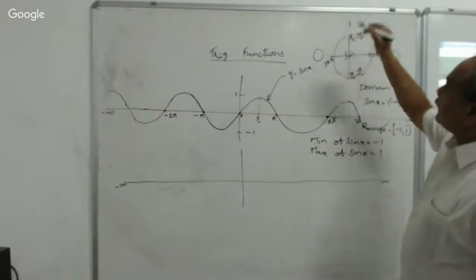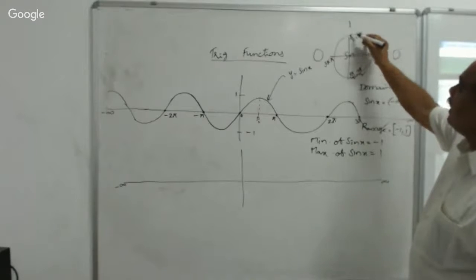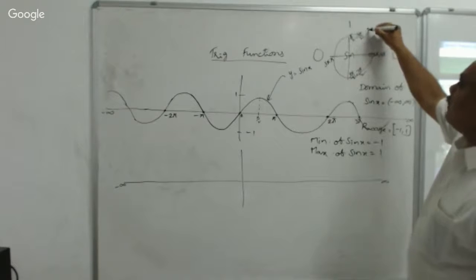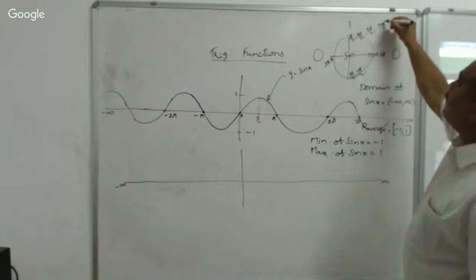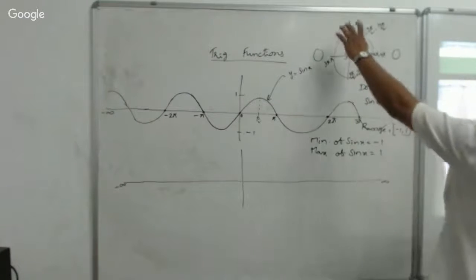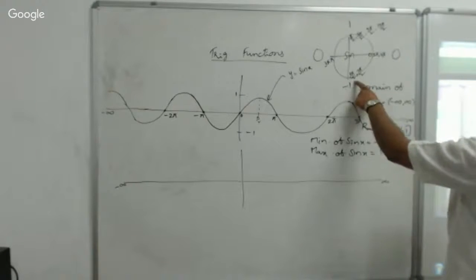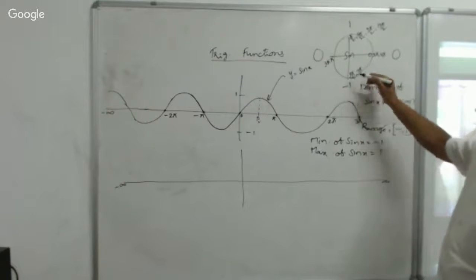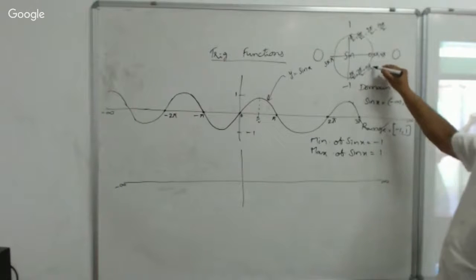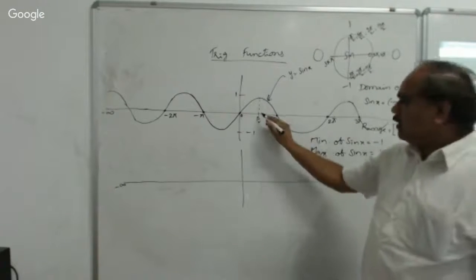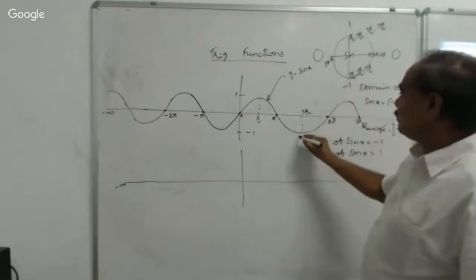Next, 5 pi by 2 with a gap of 4, then 9 pi by 2, next 9 plus 4, 13 pi by 2. For all these values, sin is 1. For 3 pi by 2, 7 pi by 2, the numerator also increases by 4, 3, 7, 7 plus 4, like that. Sin 3 pi by 2 is minus 1.